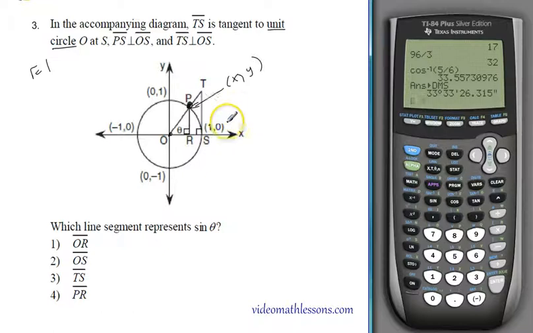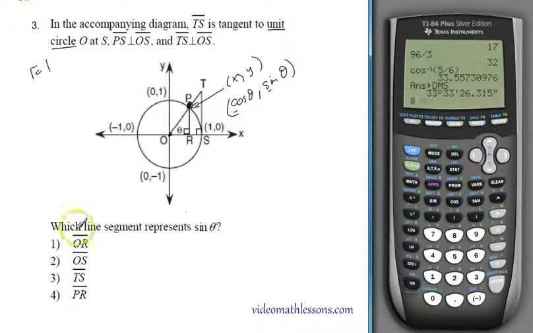X, Y, always over and then up. On a unit circle in trigonometry, it's not X and Y. The X value is called cosine theta, and the Y value is called sine theta. X values are cosines, Y values are sines. Alphabetical: X then Y, C then S.